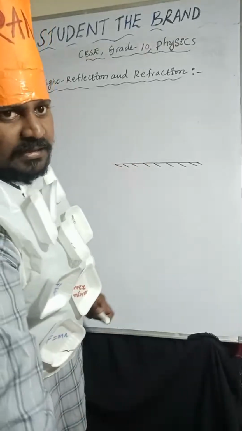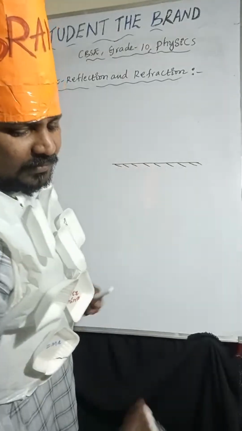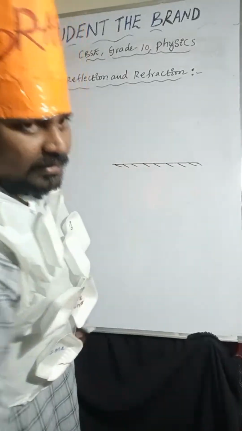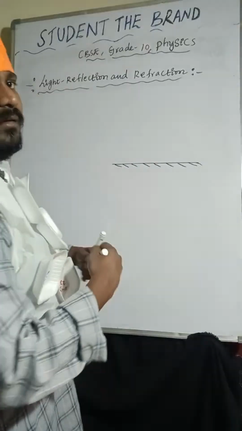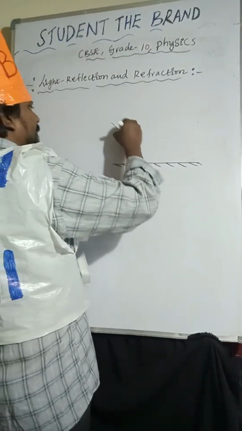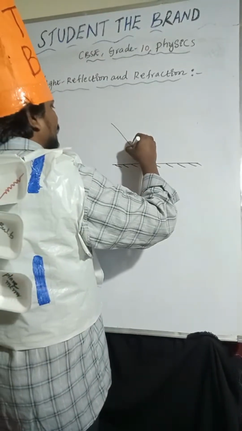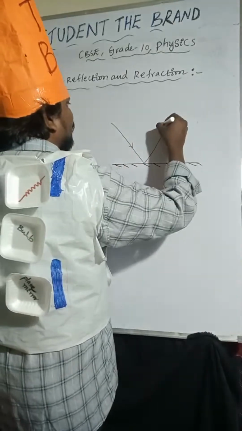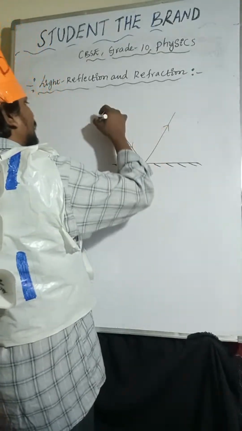When an incident light ray is falling on it, this is the incident ray and this is the reflected ray.